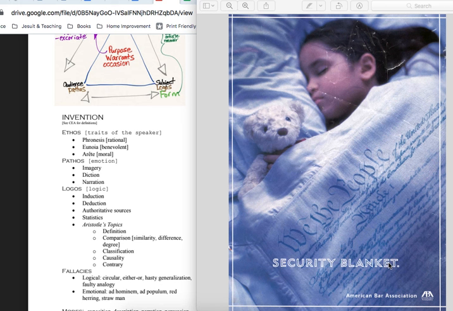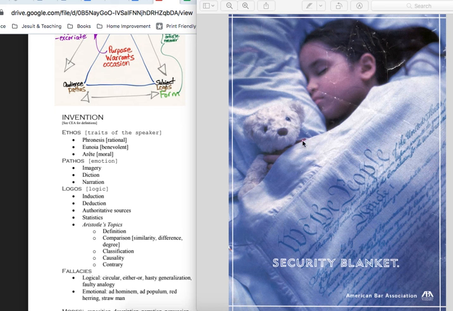Induction is when you have the evidence and then you draw a conclusion. Some may say that this really is an inductive ad because we're first drawn to the imagery of innocence and childhood, and then we come down to the end and we see the claim and the main argument.